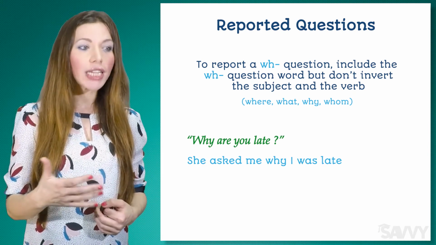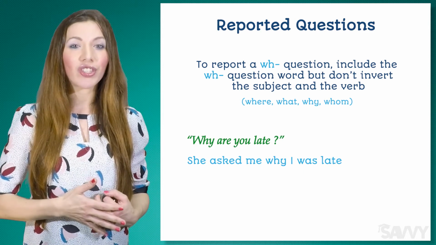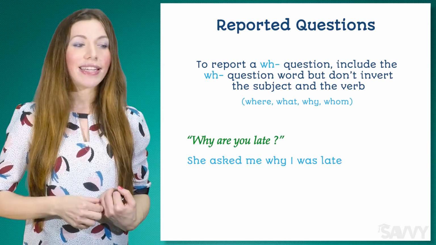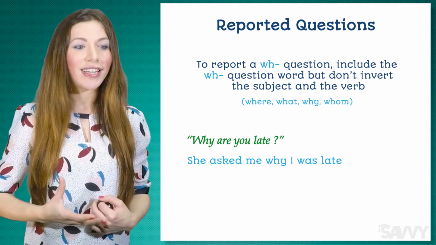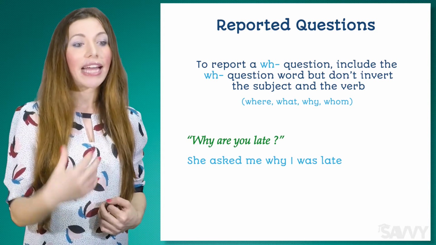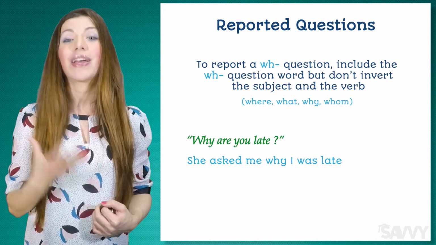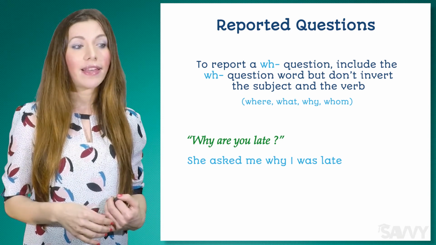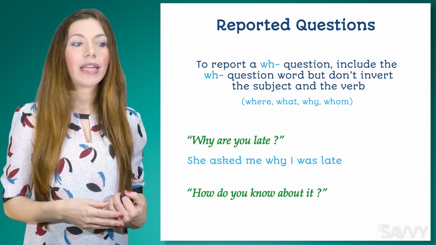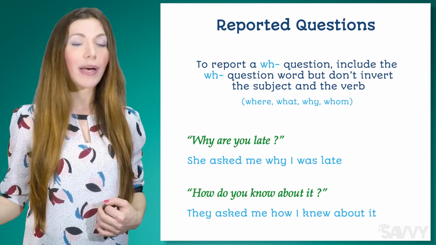Not, she asked me why was I late. If I am reporting the question, I don't include the question mark at the end. Now it's not a direct question anymore. We are reporting what was being asked. And we do that by using the appropriate reporting verb, asked. Okay, another one. "How do you know about it?" They asked me how I knew about it.